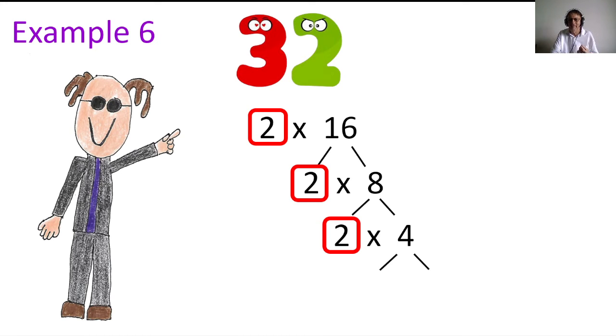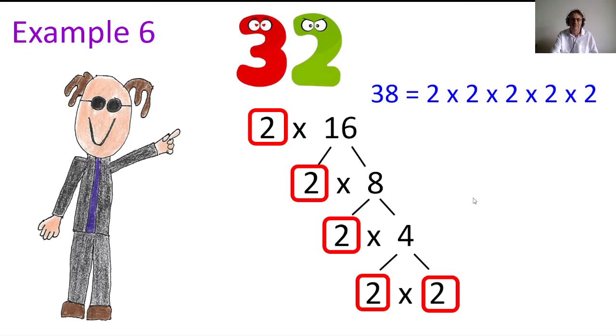And the equation, of course, is 2 times 2. So what are the prime factors of 32? It is 2 times 2 times 2 times 2 times 2. Wow, so complicated. What if it was a very big number?